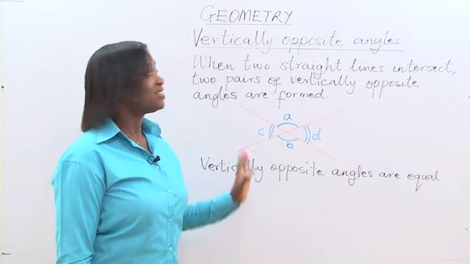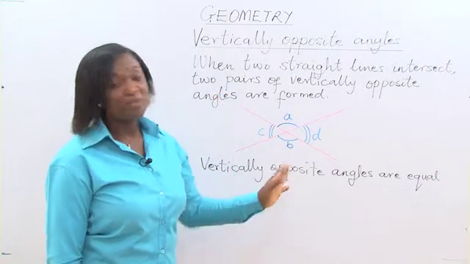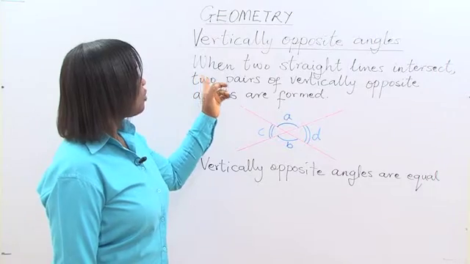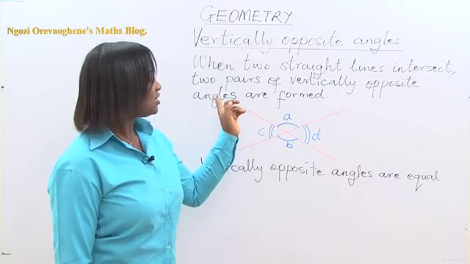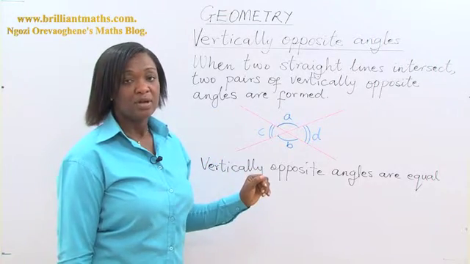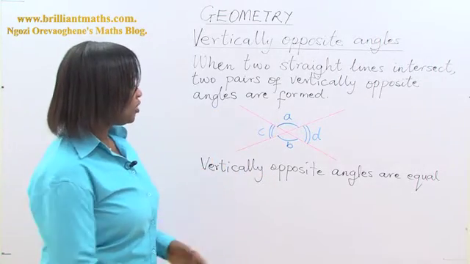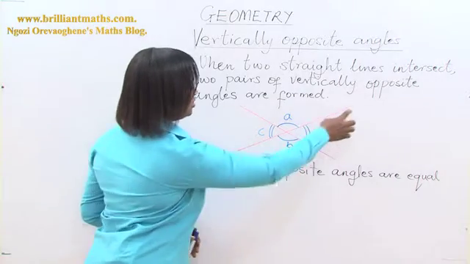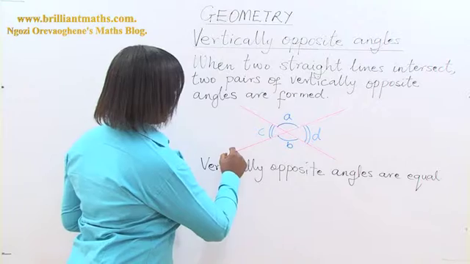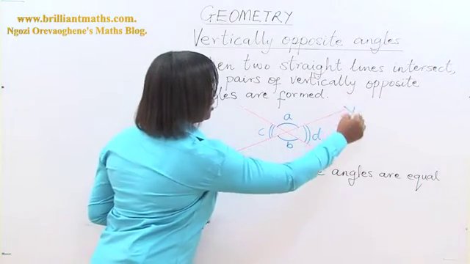Today we are looking at vertically opposite angles. When two straight lines intersect, two pairs of vertically opposite angles are formed. Like what we have on the board, we have two straight lines. That's the first one. Let's call it line XY.